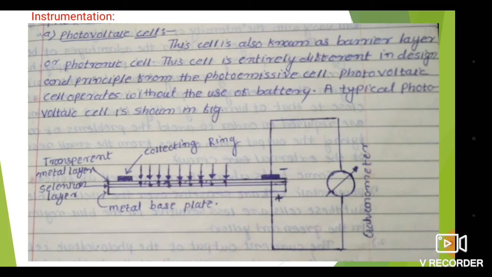Here are the components of the photovoltaic cell. It consists of a metal base plate like iron or aluminum, which acts as one electrode. On its surface a thin layer of a semiconductor metal like selenium is deposited.